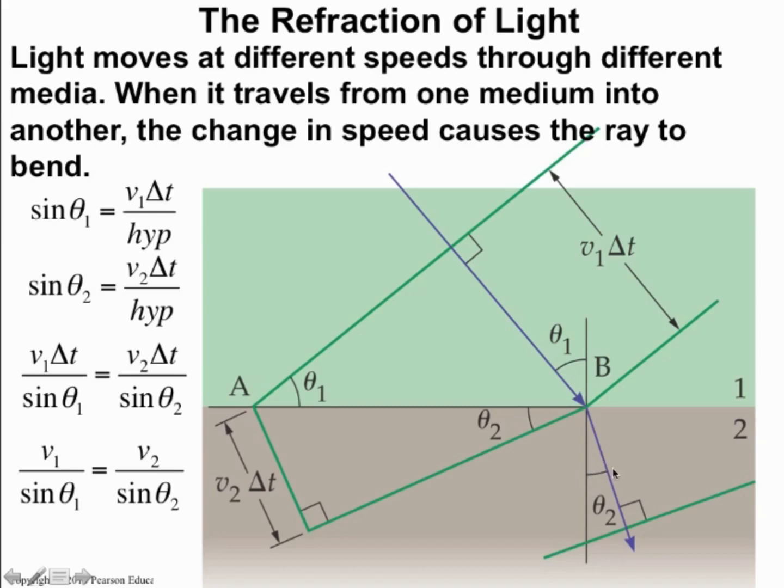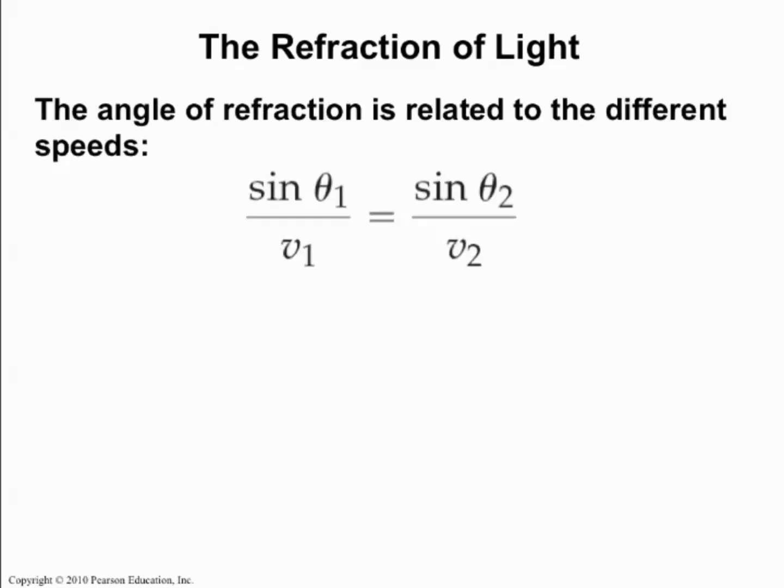For a faster medium, theta 2 is not as small. And the difference between theta 1 and theta 2 is more marked the greater the difference is between the speeds of these mediums. All right, so the main thing to remember is that the sine of theta 1 over V1 equals the sine of theta 2 over V2, which means that the angle of refraction is related to the different speeds.